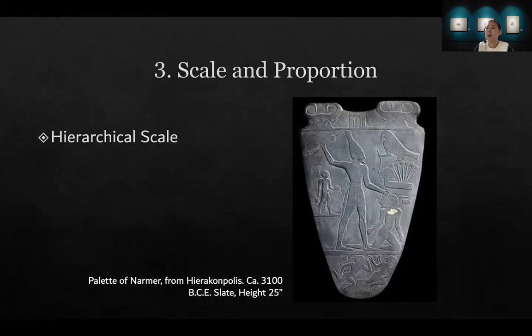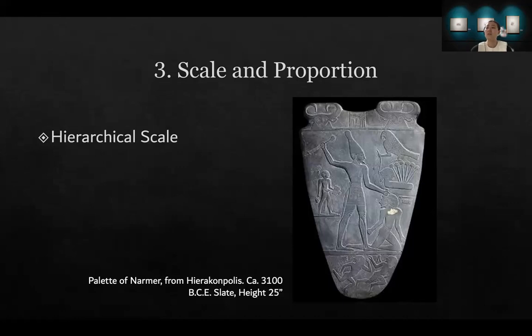So Narmer's body is seen in profile, and his torso full front, and his head profile, but his eye, I know the eye is too small, you cannot see it, but the eye is front again. So the same pose recurs throughout most two-dimensional art in Egypt.